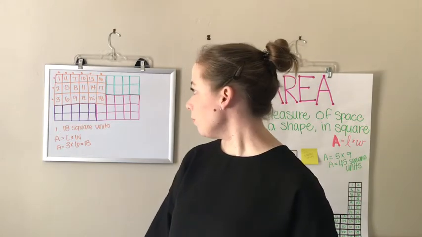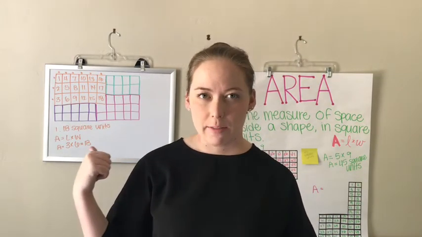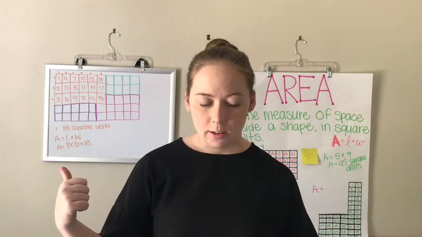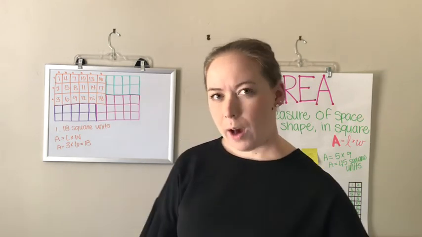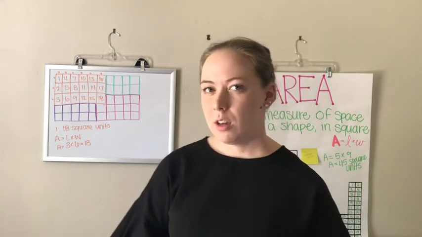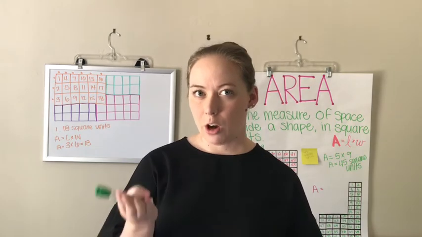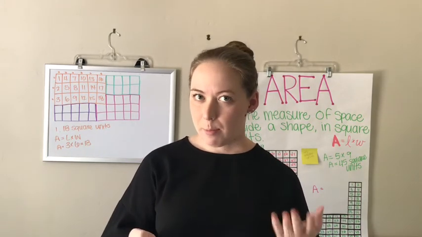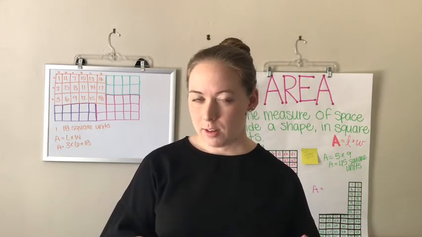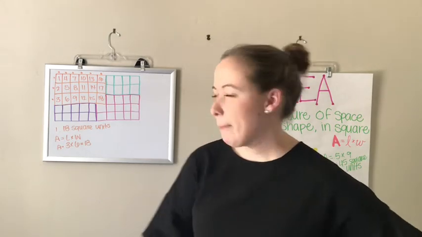Okay. Well, we already found the area of the soccer field. So, how do you think we can figure out the area of the soccer field and the baseball field? I'm going to let you brainstorm for a minute.